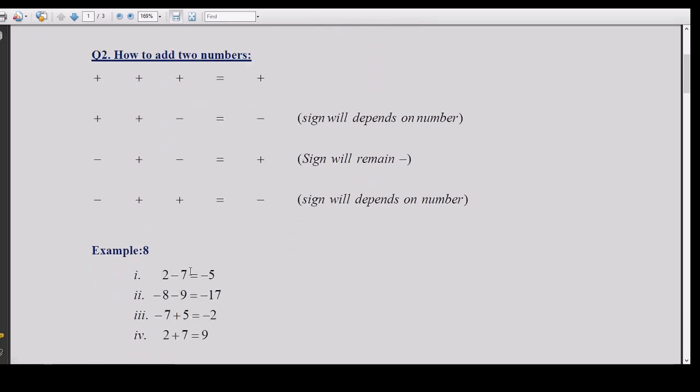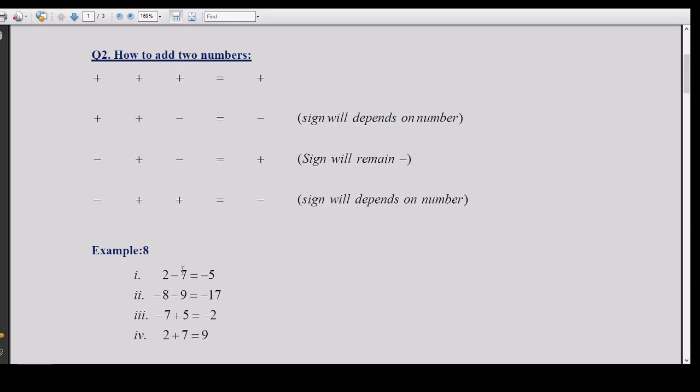2 minus 7. Here 2 has no sign, which means you should take it as plus. Plus with minus is minus, isn't it? That means you have to subtract 2 from 7, which gives you 5. Now the sign will depend on which number is greater.